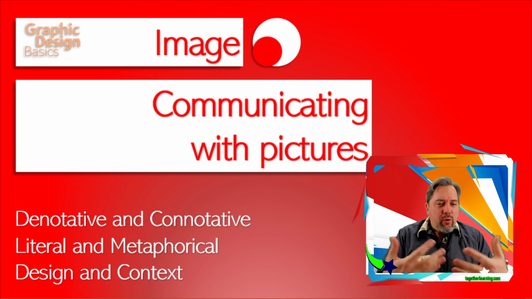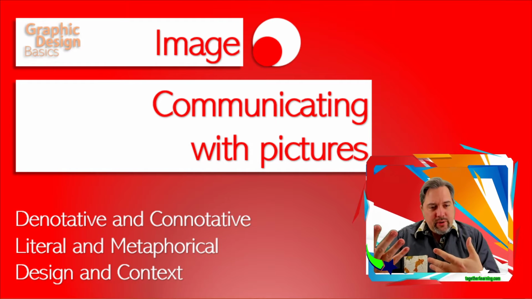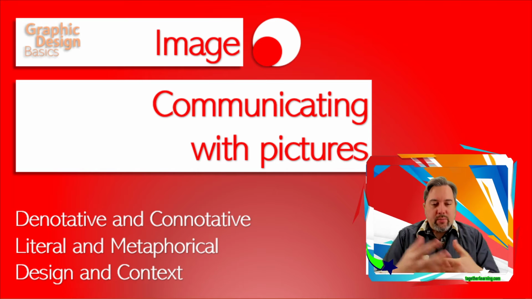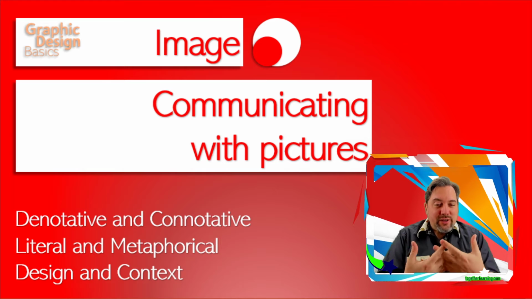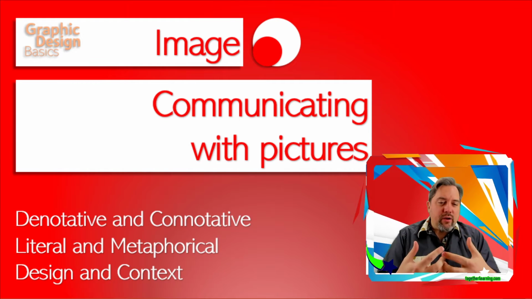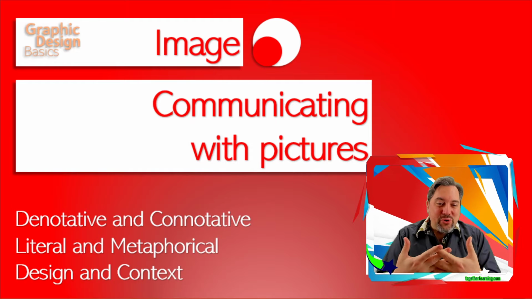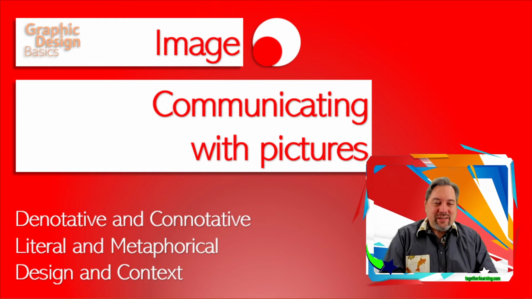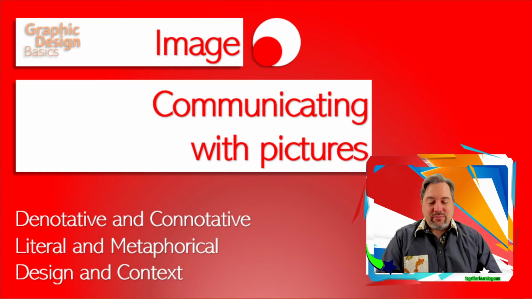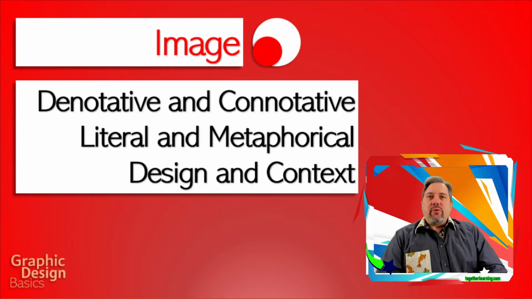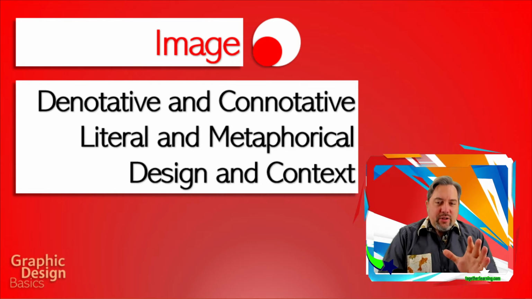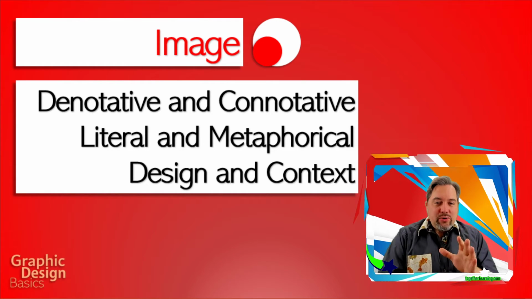And not only that, this will help us when we look at other pieces of art or other digital media or websites, what have you. We can have a few tools, concepts in mind to try to analyze them and figure out what emotional strings they're trying to pull in us with the images that they chose. So in this video particularly, I'd like to talk about how we denote and connotate with our images.